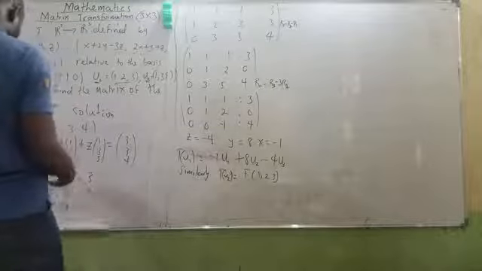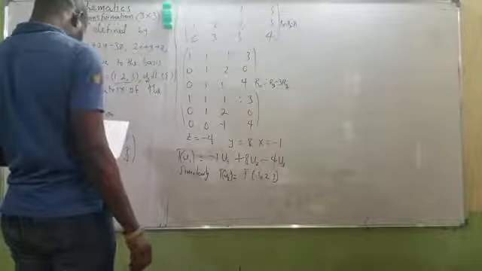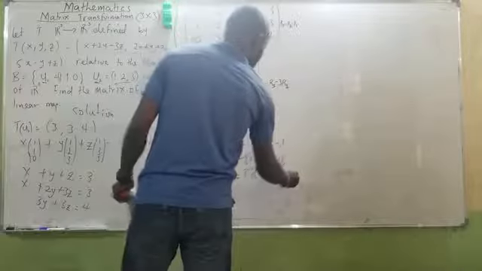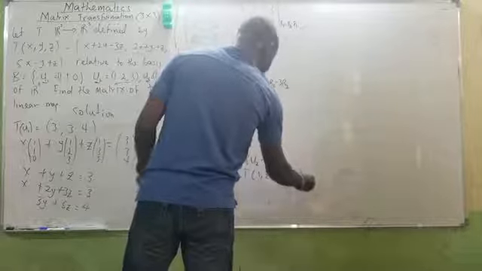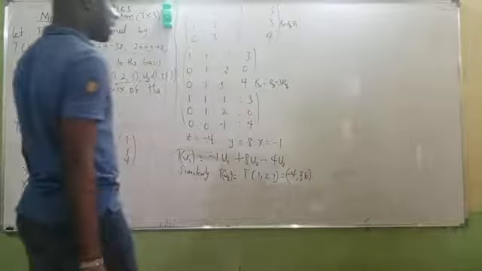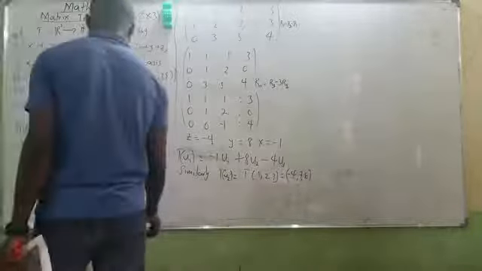By so doing that, I will be having it will be equals to minus 4, 7, and 6. Minus 4, 7, and 6. That is what it's going to give to me. Now, since I have that, I can now do the same thing I did here, which is going to be what?